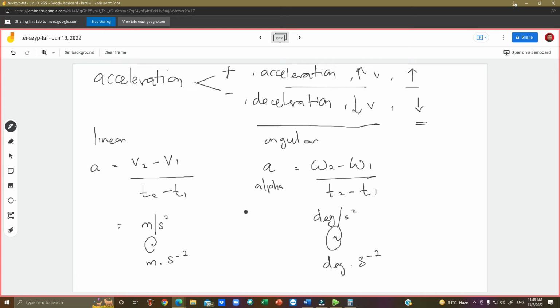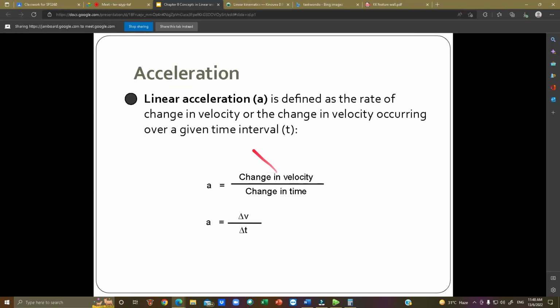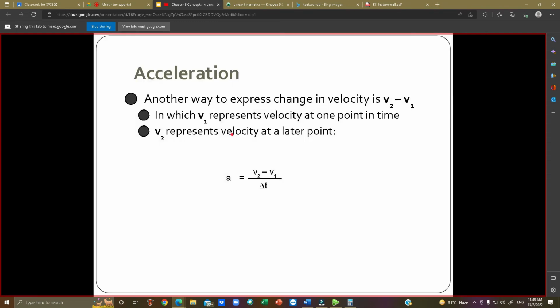These are the units for both linear and angular acceleration. Okay, let's take a look at the note first. Linear acceleration can be defined as the rate of change in velocity or the change in velocity occurring over a given time interval. Okay, and another way to express change in velocity, inilah tadi. Final velocity minus initial velocity over the change of time.